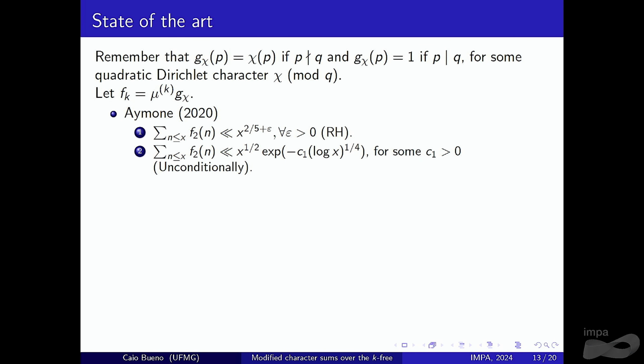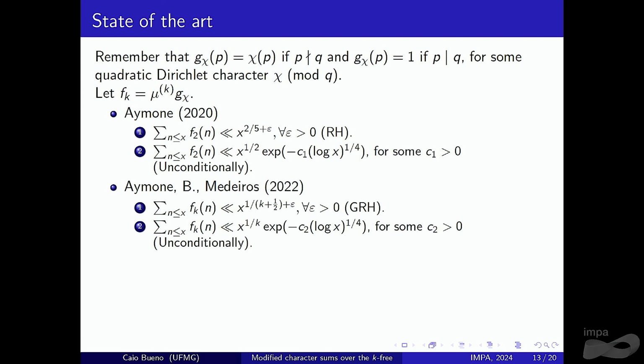And in 2020, Imon showed that for the square-free integers, if you consider the modified character, we have cancellation of the order x to the power 2/5, assuming the Riemann hypothesis plus an epsilon. And unconditionally, this cancellation is square root of x times this exponential. Later, this result was generalized to the k-free integers by Raimoni, Medeiros, and me.